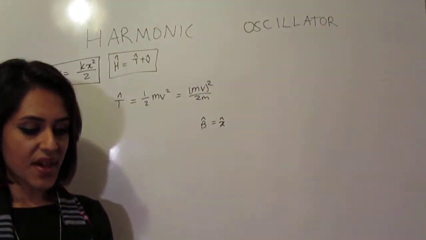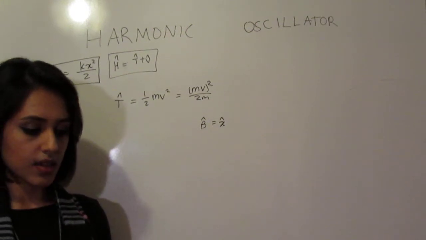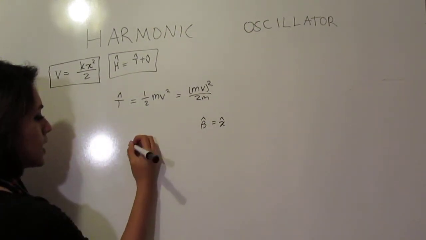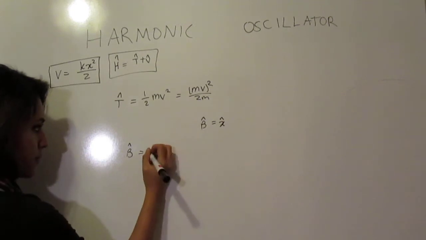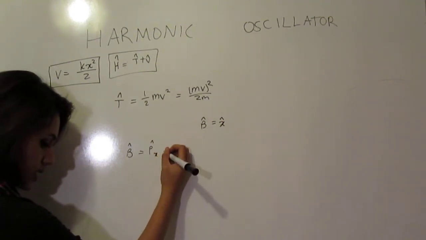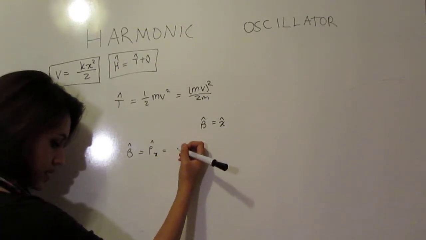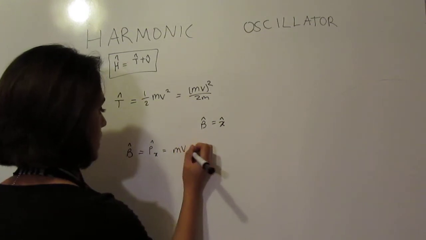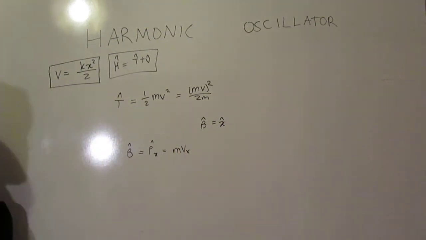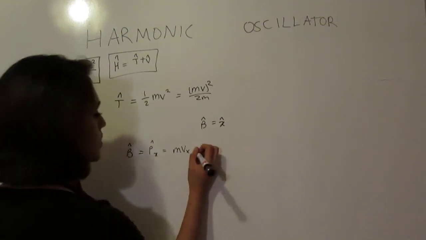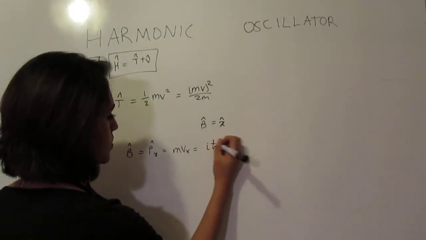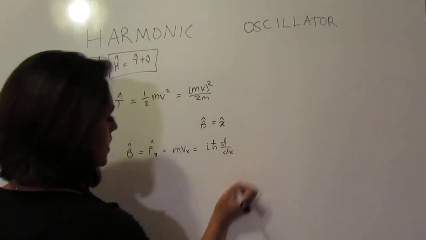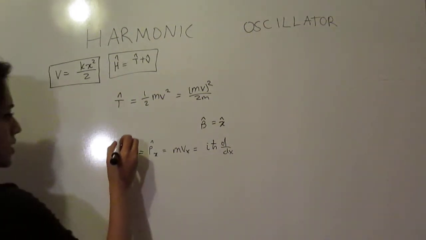Okay, so for momentum in x, we have B equals px equals mvx, which is mass times velocity, and it also equals minus i h bar d by dx. And these are just things that you need to remember.